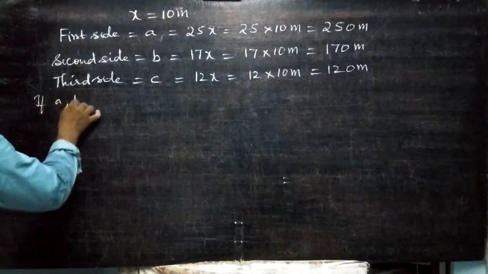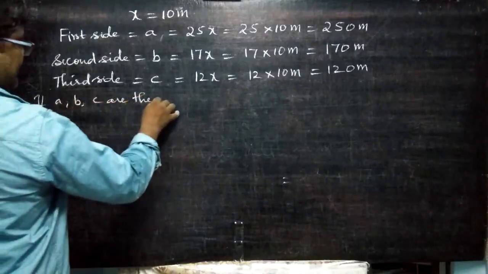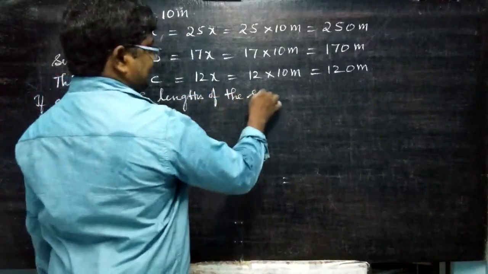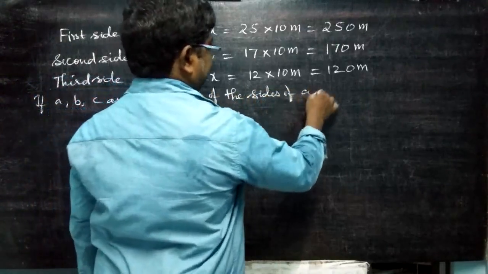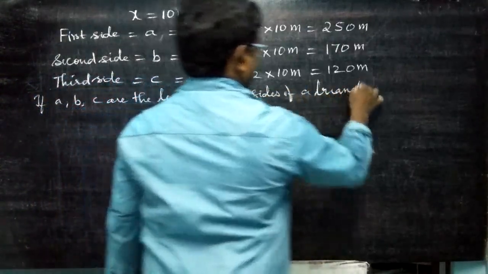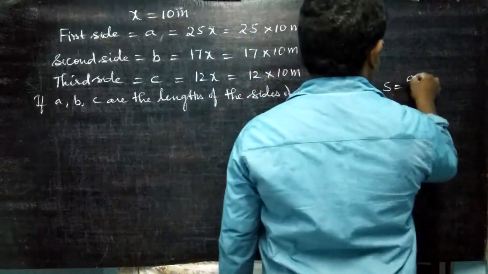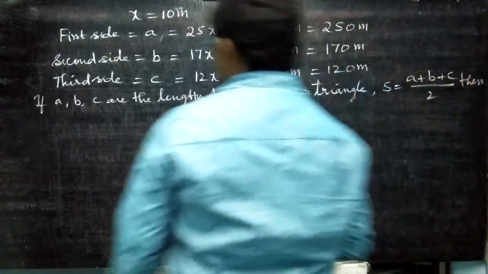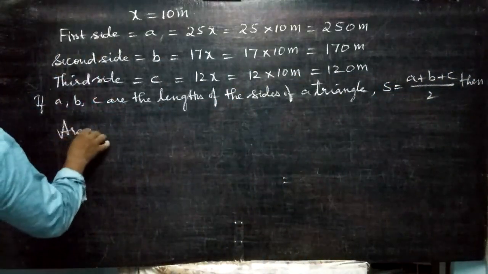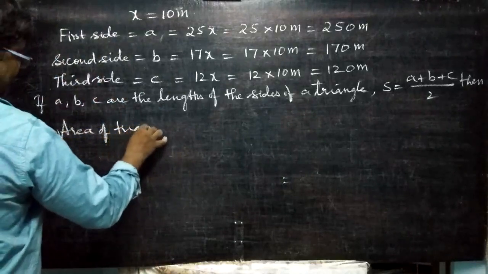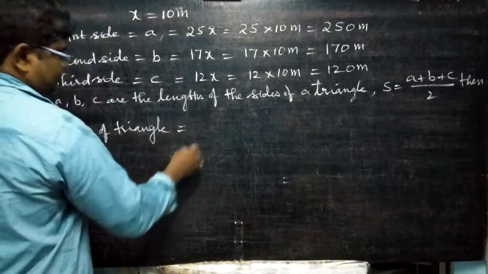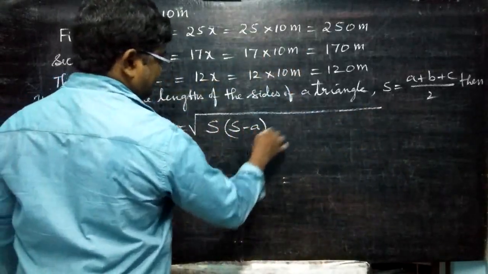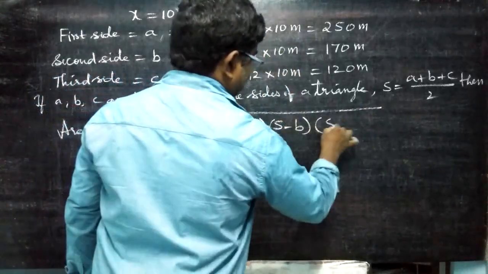If a, b, c are the lengths of the sides of a triangle, s is equal to (a plus b plus c) by 2, then the area of the triangle, you can write as a scalene triangle also, no problem, because no side is equal. Area is the square root of s into (s minus a) into (s minus b) into (s minus c).